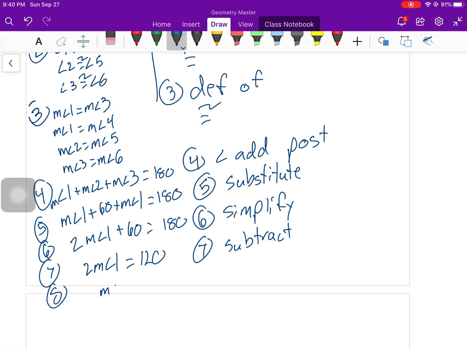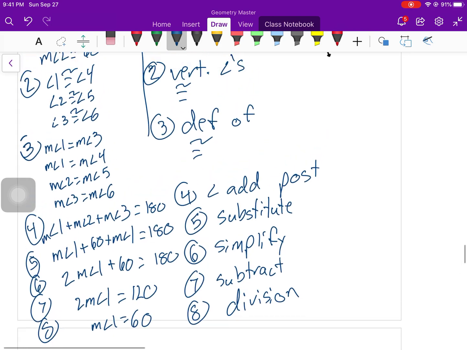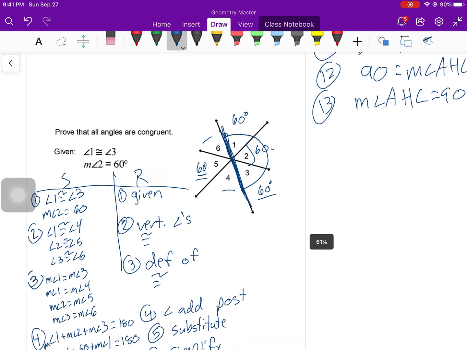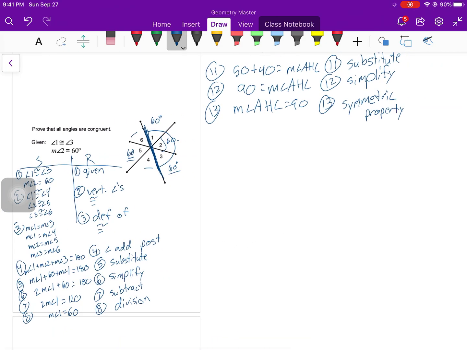So step 8, I've got measurement of angle 1 equals 60 degrees by division. All right, so right now I know in this picture that I've got 60 degrees here, 60 there. I haven't shown it yet necessarily, but I know that one's 60, I know that one's 60. Vertical angles are 60, so I've got something that I can say is 60 for everything.